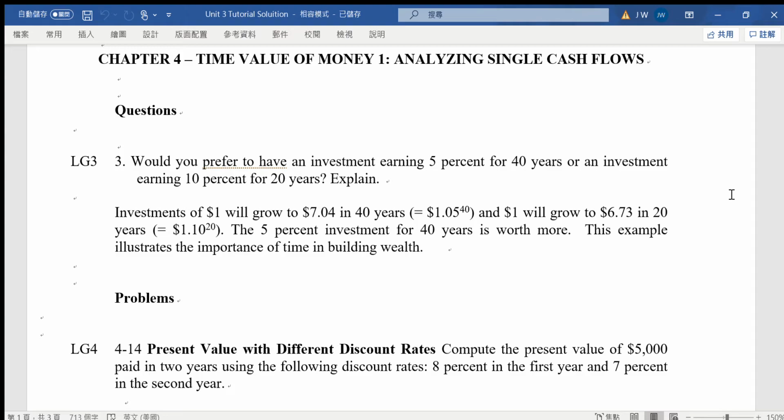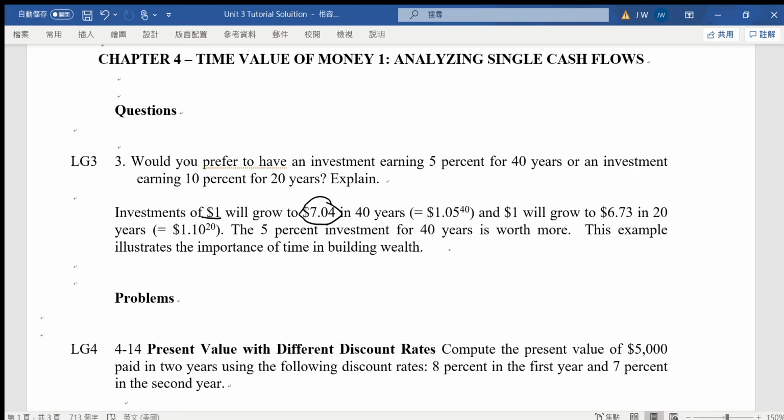By looking at that, you had better use a simple example to illustrate the implication and the outcome of these two different investments. Let's say we use $1 as the amount to invest. For the first one, you will find that $1 under a 5% interest rate for 40 years will become $7.04.